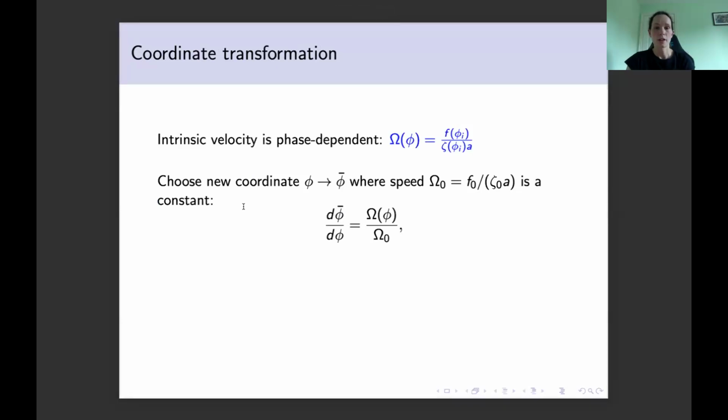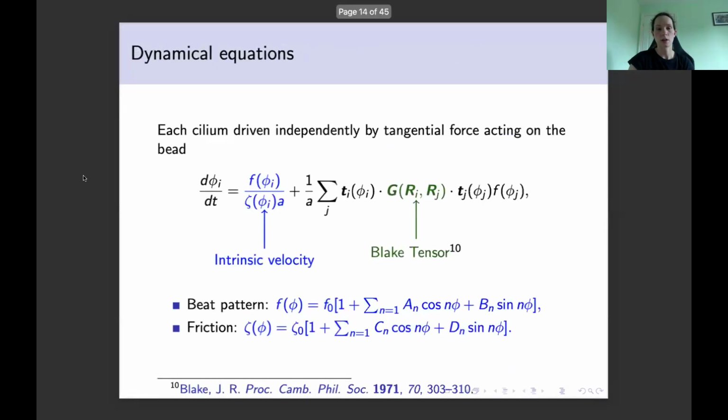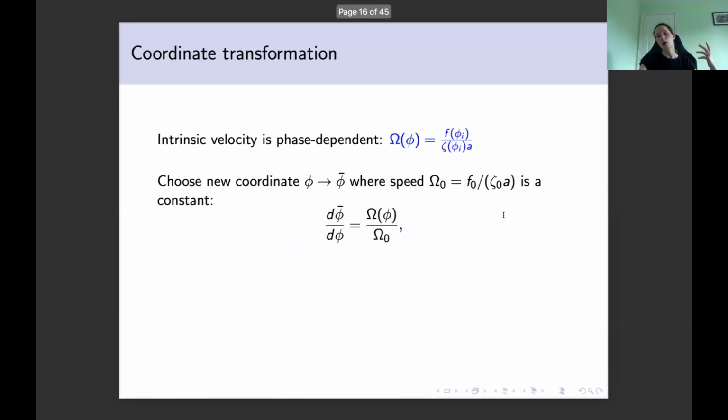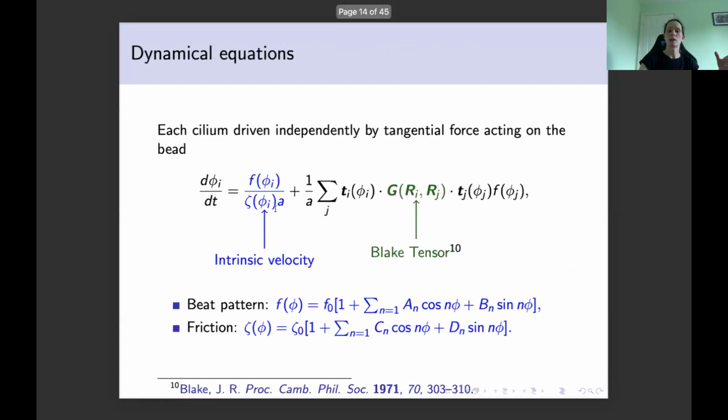So the next few slides that I want to go through now, these are the technical steps that allow us to go from this dynamical equation that tells us about the motion of a single cilium to an emergent wave. So we want to say, well, how can we get from this equation to something that tells us about the emergent wave?